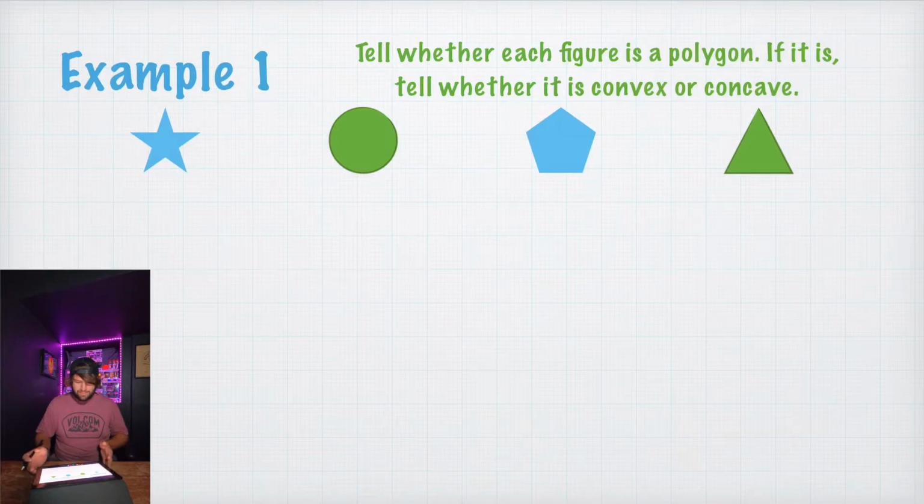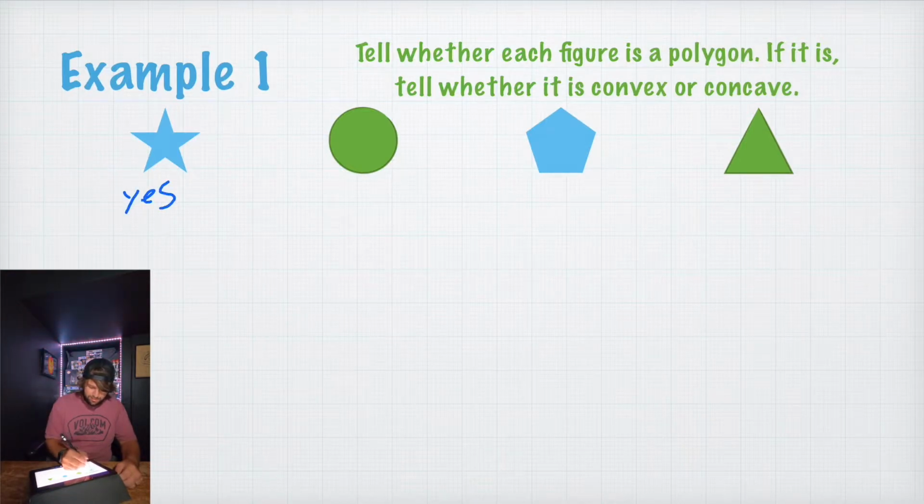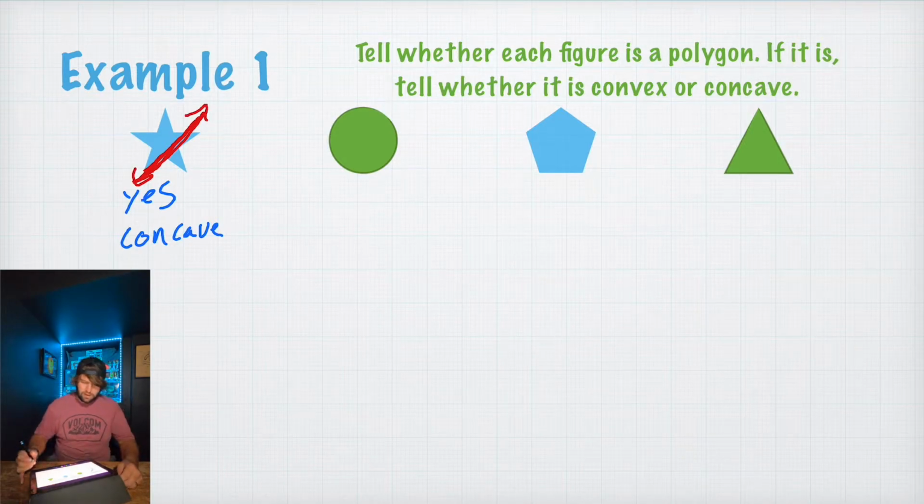So example 1. Tell whether the figure is a polygon. If it is, tell whether it is convex or concave. Well, a star is a polygon, and it is concave. Okay? Because if you were to draw a line along this line, it cuts through. Okay? A circle is not a polygon. It does not have three sides, okay?